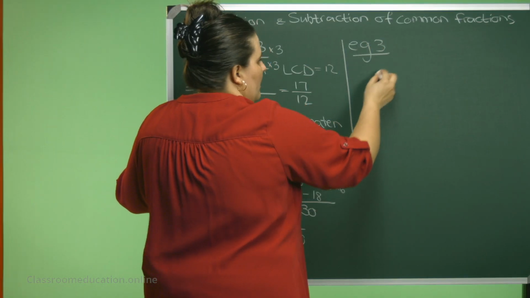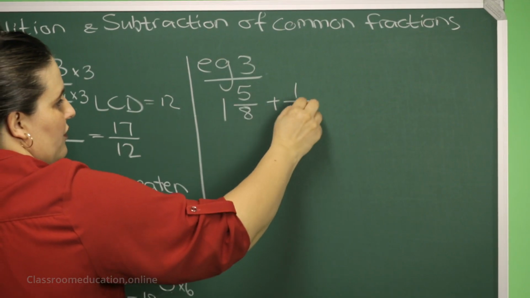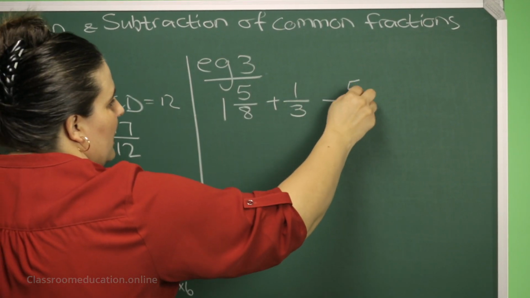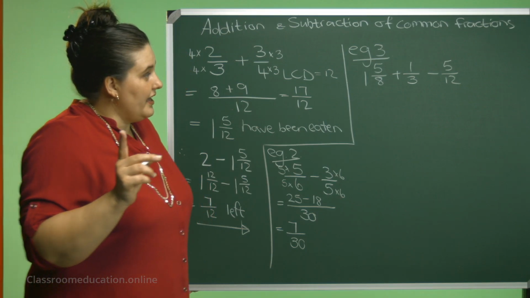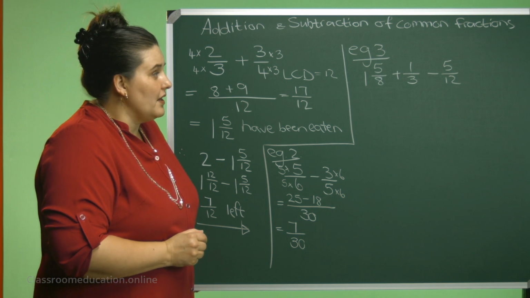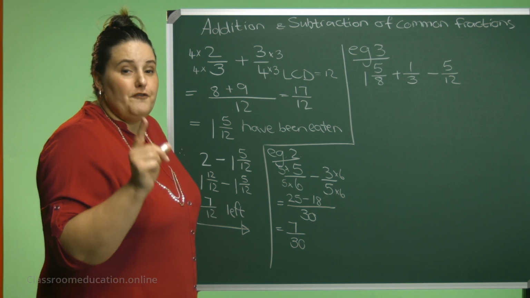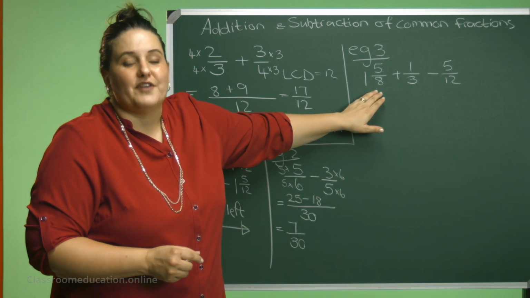Example 3. 1 5/8 plus 1/3 minus 5/12. Now, I have thrown in a mixed number there for you. So how am I going to handle that? First, change the mixed number to an improper fraction.